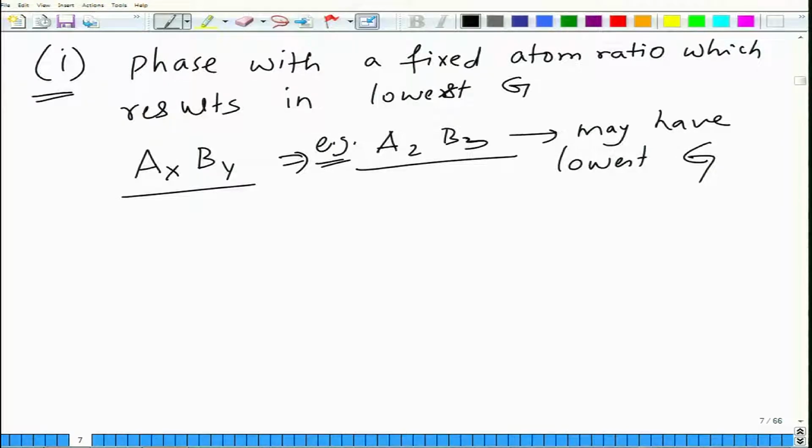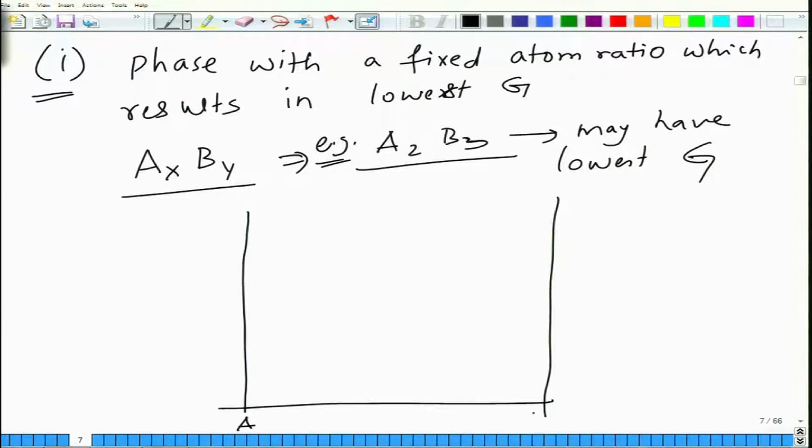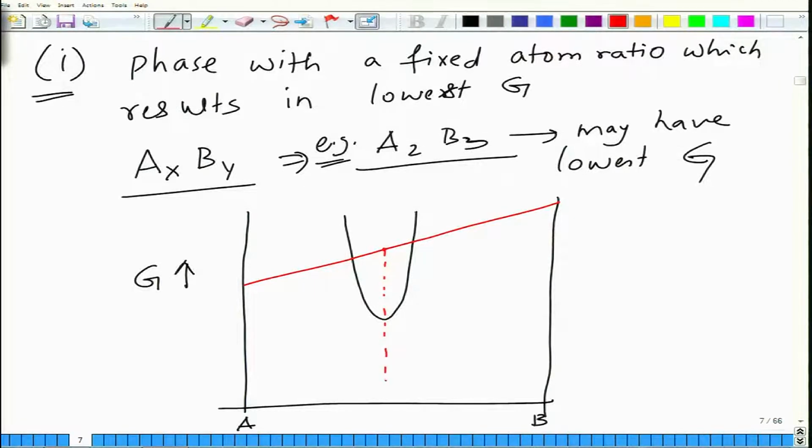So basically what happens is that if such phases have fixed atomic ratio, which means their free energy curve is also very narrow. So when you plot their free energy as a function of composition, so this is A, this is B, this is G. So these phases have relatively narrow free energy composition profiles. So this would be the free energy that is predicted, and this is where they have minima.